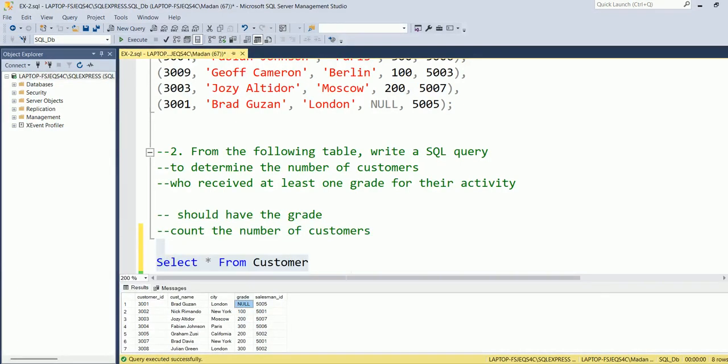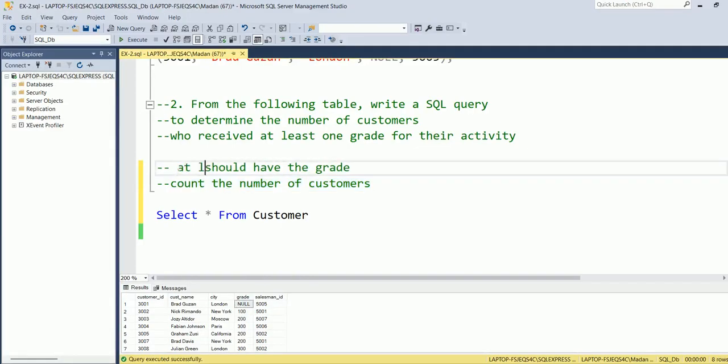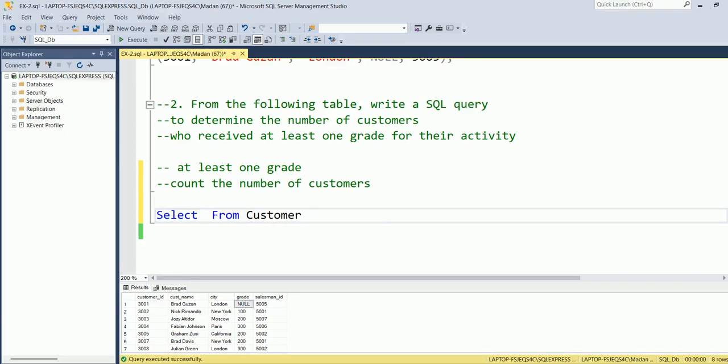What we have to do here is again break it into small parts. We have to count the number of customers on the basis of grade, but they should have at least one grade, or indirectly, the grade should not be null. To count the number of customers, we have the count function.